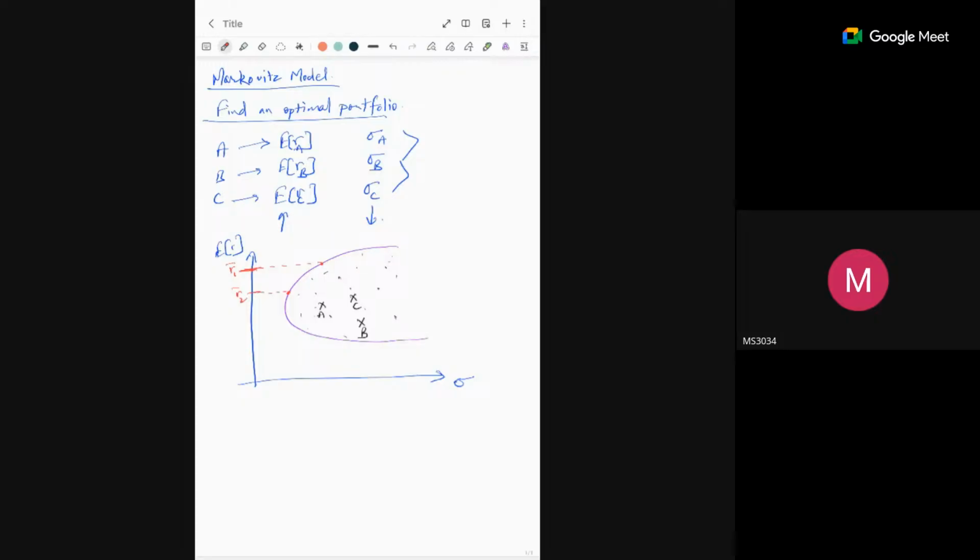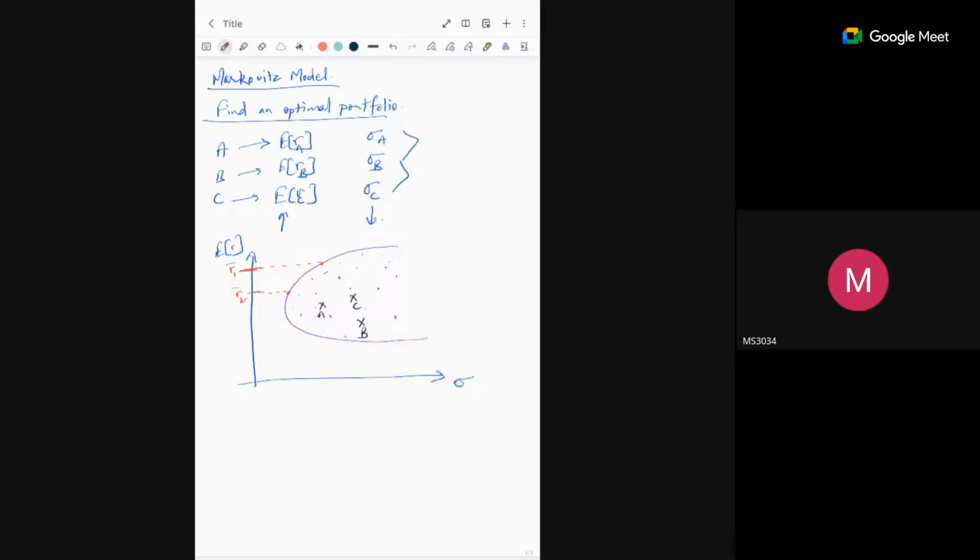Intuitively, the combinations of assets which I should consider for investing are the ones on this leftmost boundary of all the available asset combinations, correct? You can create as many points as you like. These points are created by combining, let's suppose, these three assets in different compositions to create various portfolios, and I have represented those portfolios by these dots.